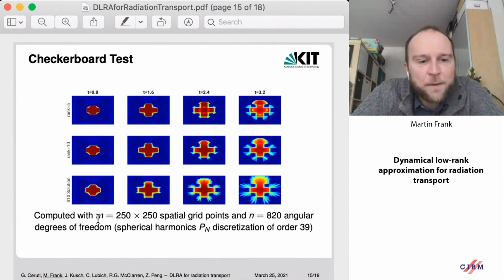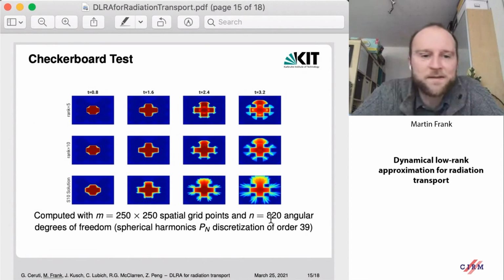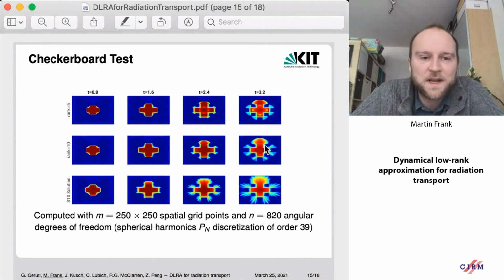And that was computed with a lot of degrees of freedom. It's a 250 by 250 spatial grid, and it has 820 angular degrees of freedom. So quite a lot. You can do the math yourself, multiply these numbers. And then I show you here a rank 10 solution and here a rank 5 solution. You can also compute the reduction in memory and computational effort here.